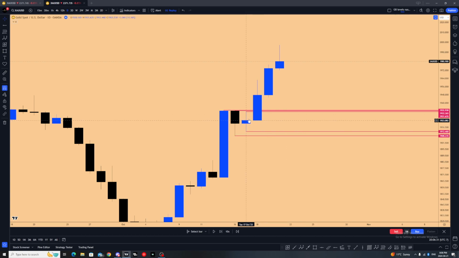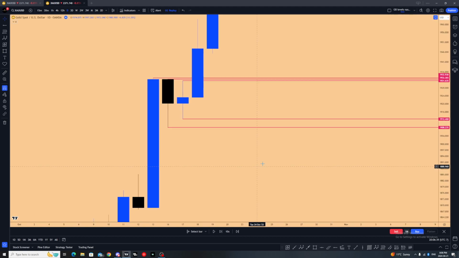Basically, this little candle is the middle finger. This is the baby, and this is the pregnant lady standing over here. That is how I try to view it. You need this specific shape. This pullback should not be deep enough. It should be just hanging like a pouch, and this should be a much smaller candle in comparison to this one.